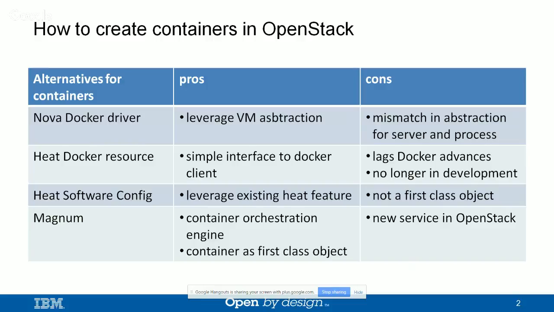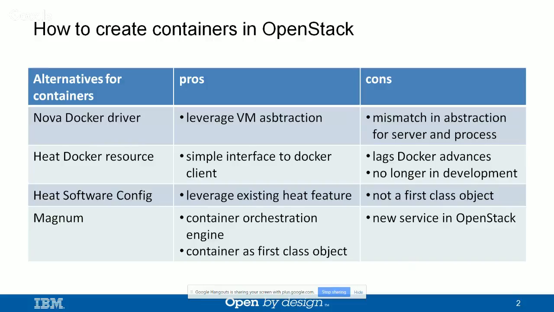The chart here shows a couple of them. First, there is a Docker driver for Nova, and if you install that Nova driver, you can create a Docker container that feels like a VM. That has been there for about a year now and works okay. We'll cover that a little more later.